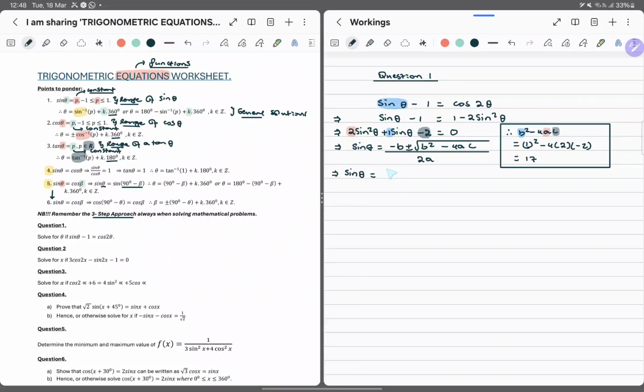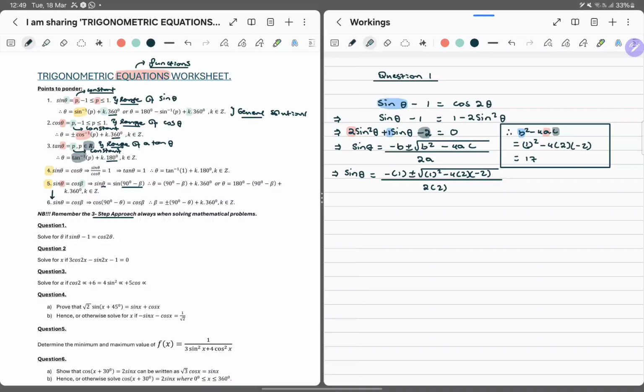Sine theta is now minus 1 plus or minus the square root of 1 squared minus 4 into 2 into minus 2, all divided by 2 into 2.